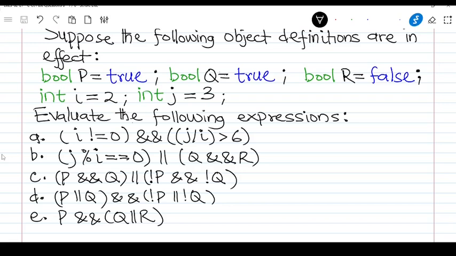The third is p and q or not p and not q. The D part says p or q and not p or not q. Then the E part says p and q or r. We're going to evaluate all of these together in this video and solve them to get the answers. So without much ado, let's go into solving this right away.